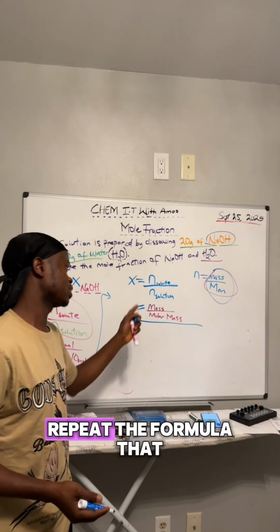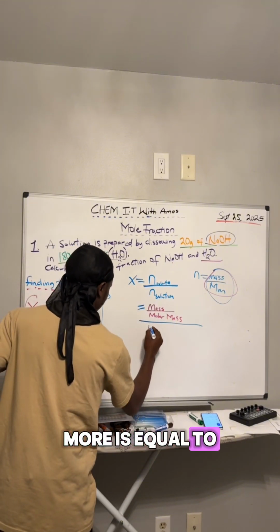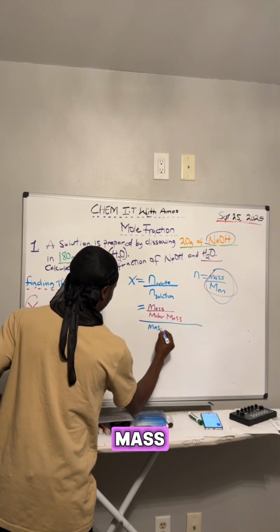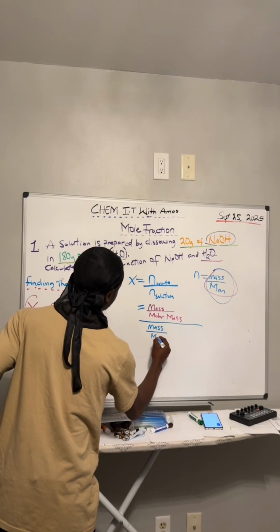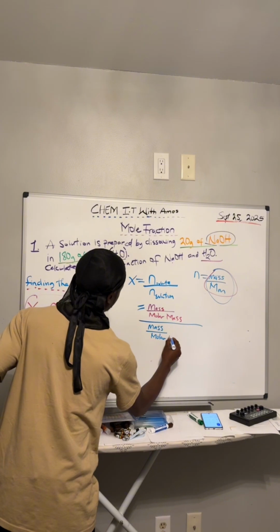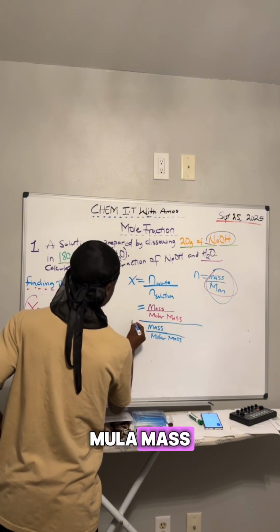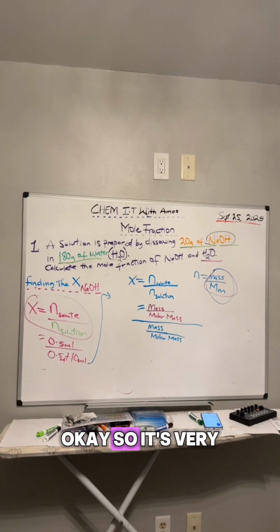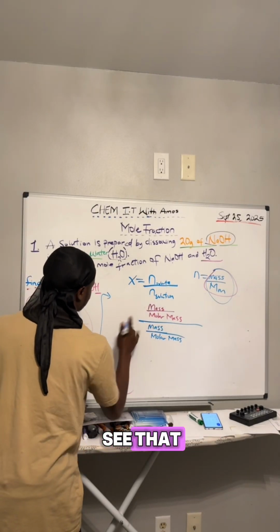So we can repeat the formula again: mole is equal to mass divided by molar mass. Okay, it's very easy, as you can see.